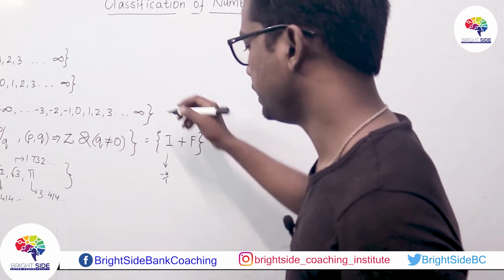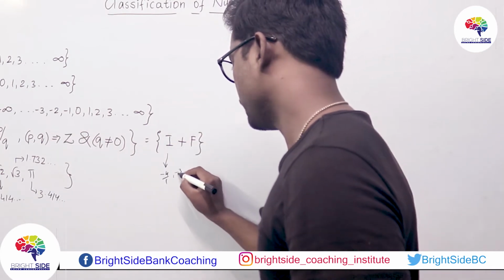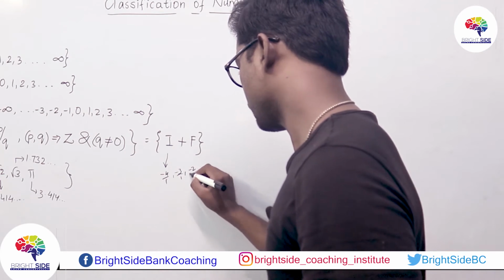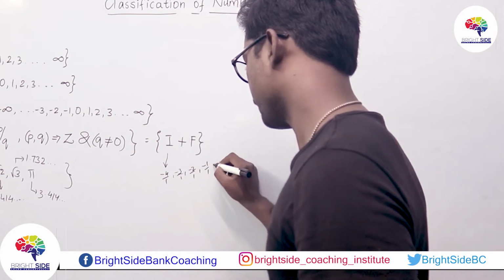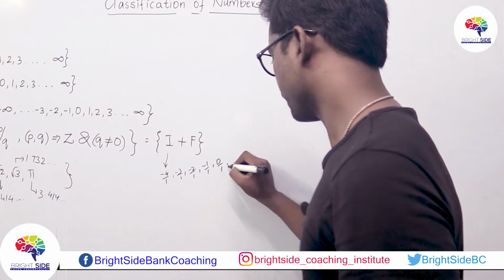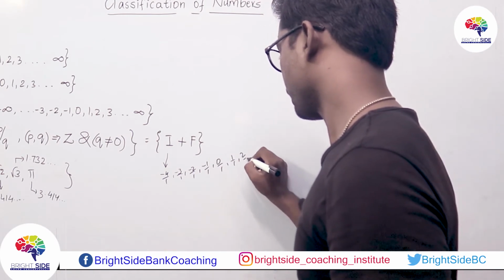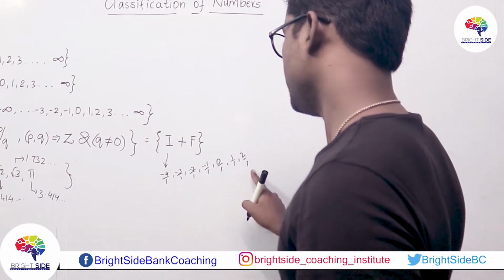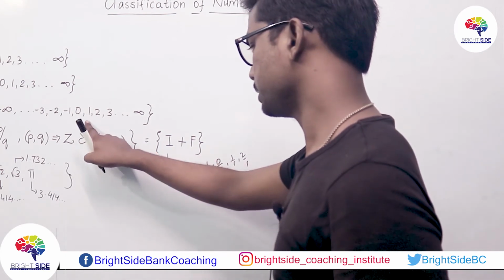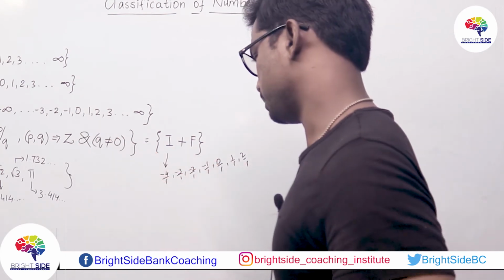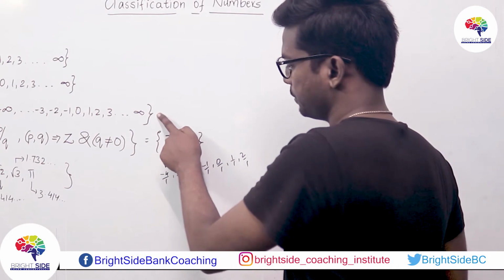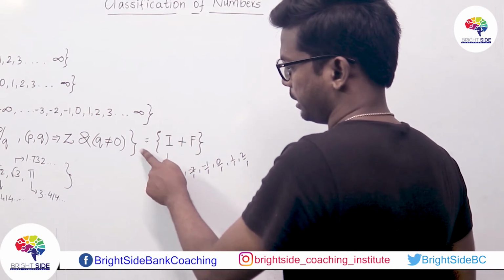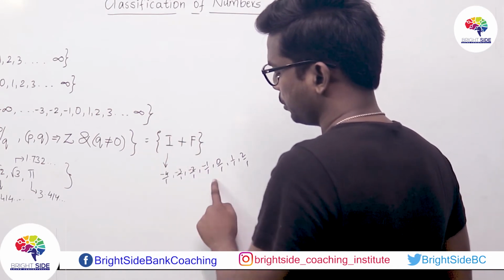That means all the integers will be generated in rational numbers like this. Like that you can generate any integer in rational numbers, by putting q as 1.